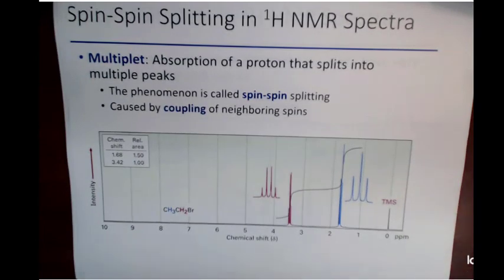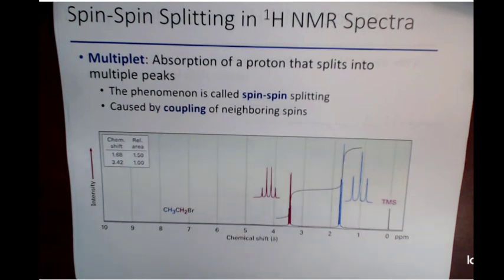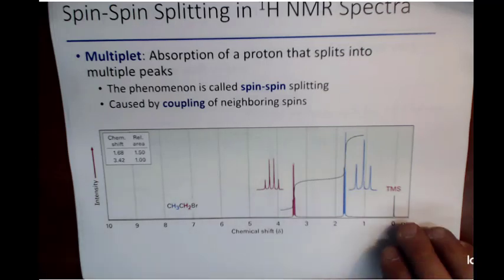All right, and so the one thing that I do want to talk about is this multiplet. Technically, all of these could be considered multiplets, having a doublet, a triplet, a quartet, quintet, right? Because it's more than one peak, so it's multiple peaks, or this spin-spin splitting. But anytime that you see me use the label multiplet, it's kind of a hint to you that something crazy is happening.